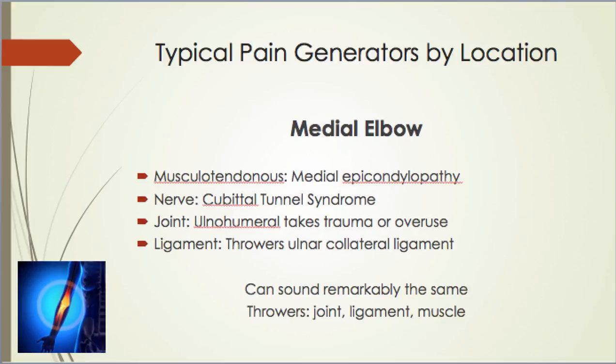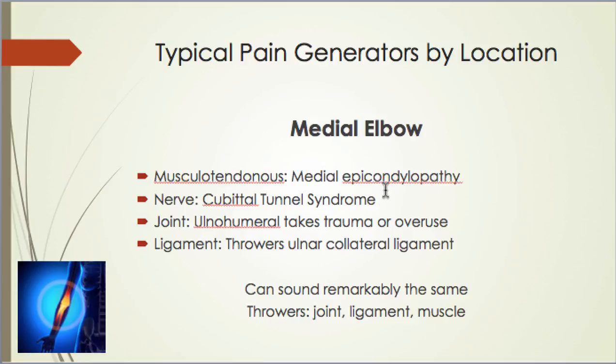In the medial elbow, same thing. Muscular tenderness first, then probably cubital tunnel. Again, early stage nerve disorders in the elbow can sound essentially the same as a tendon issue.